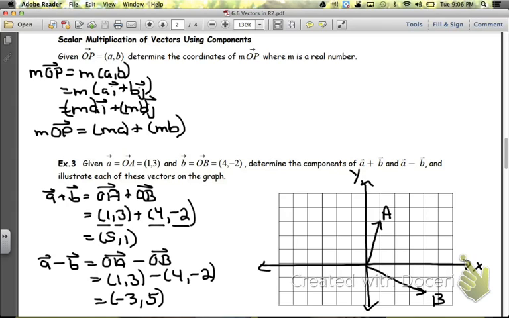And then what we need to do is look at our A plus B. We know that's going to be at (5, 1).